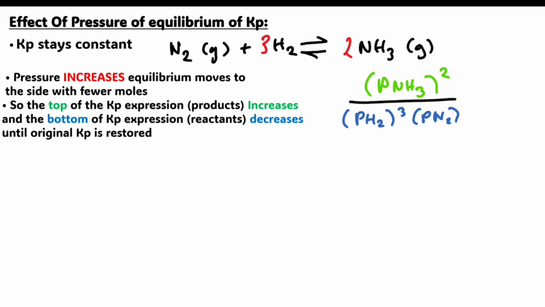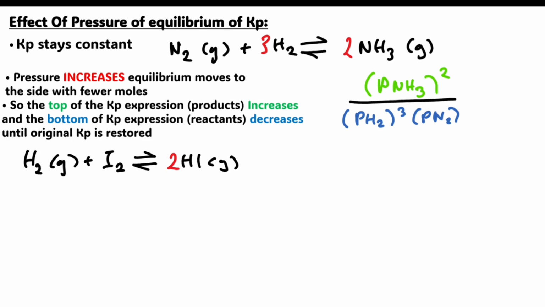So if you understand that since pressure is increasing, it's moving to the side with fewer moles, more products are going to be made. It increases the number of products, whereas the reactants decrease.